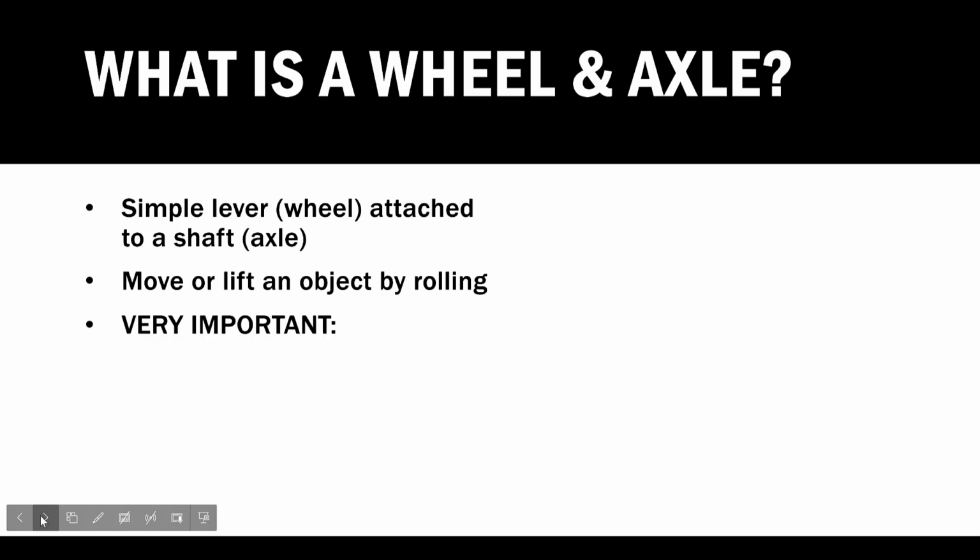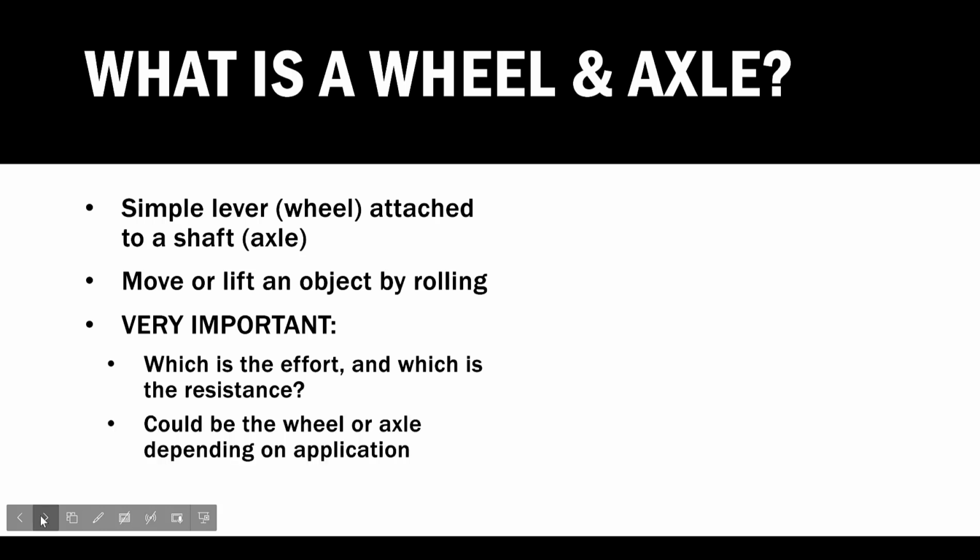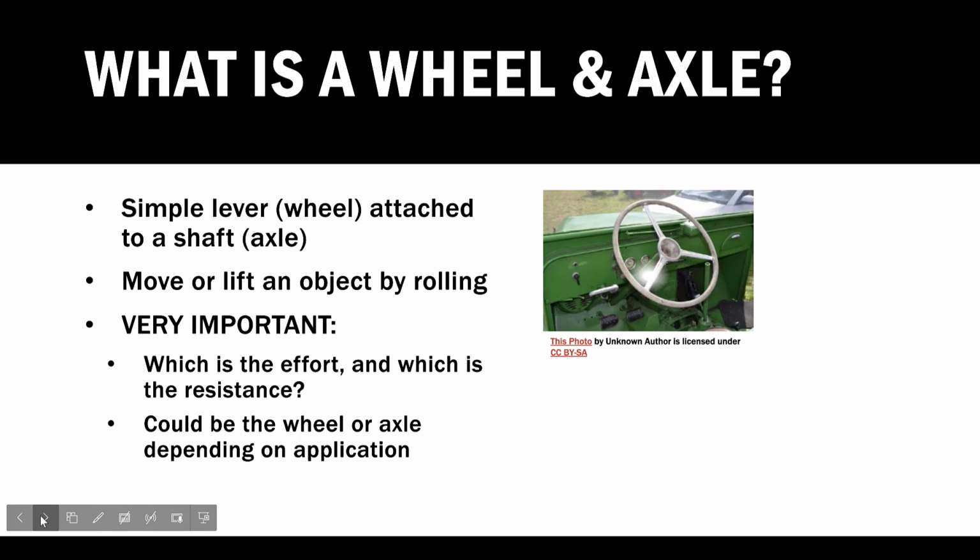It is really important to be able to differentiate between the effort and the resistance. It could be the wheel or the axle, depending on application. So you have to take a look and say, okay, here's a steering wheel. The steering wheel is connected to a long green axle that goes into the engine space past those pedals.